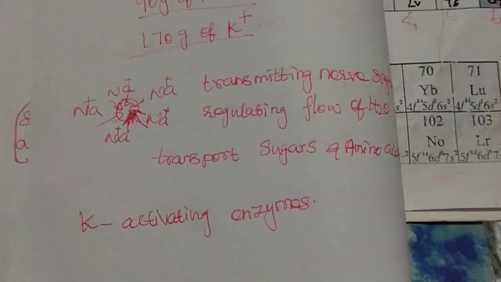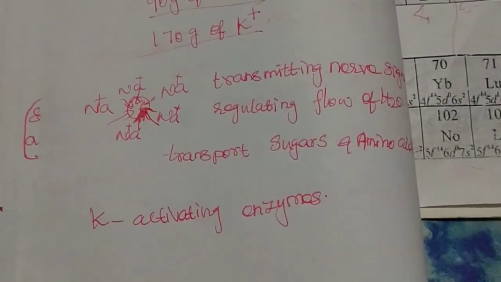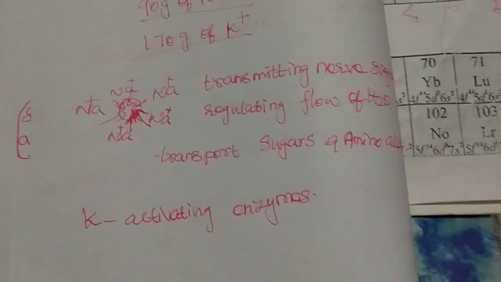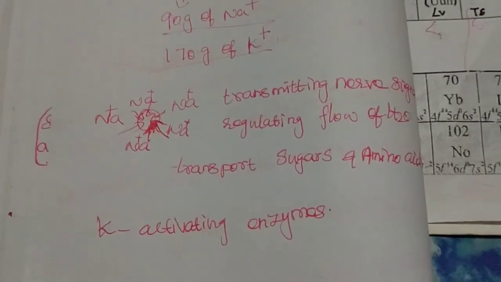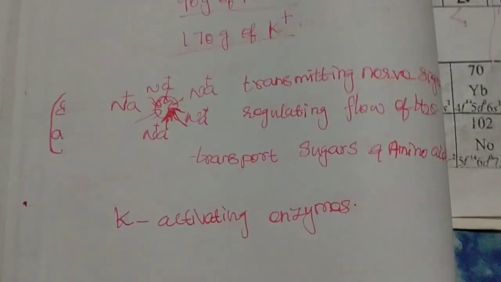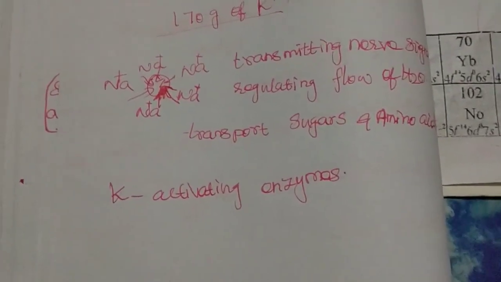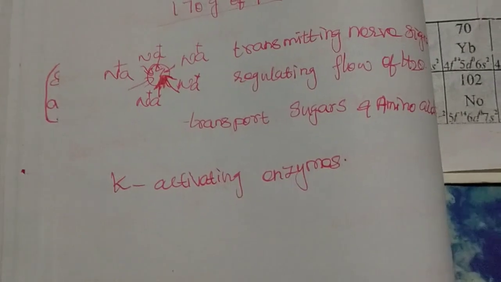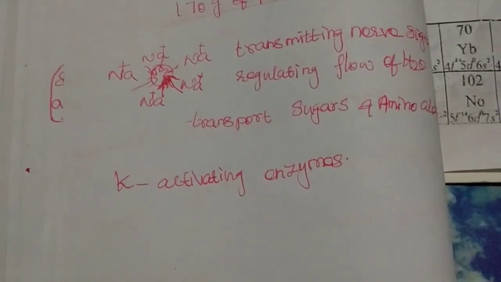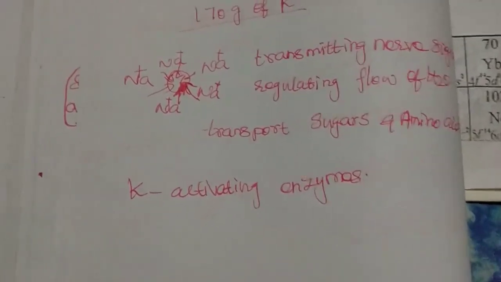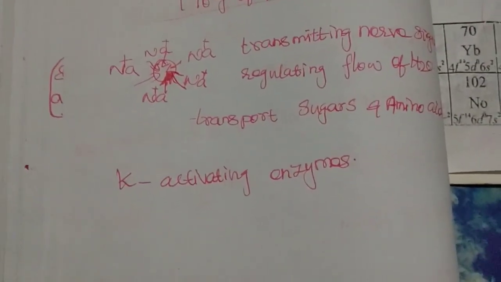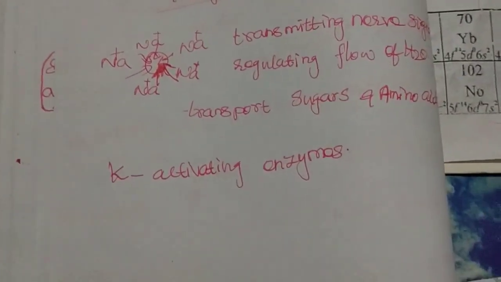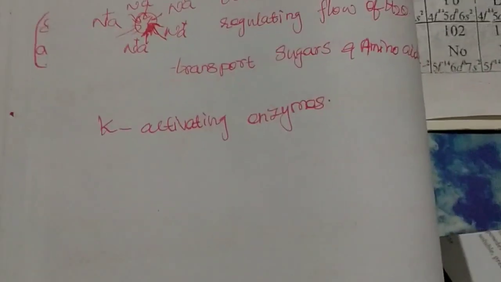Because of this efficiency of activating enzymes and penetrating the cell membrane, it becomes the most abundant cation within the cell fluid. They can activate many enzymes and participate in the oxidation of glucose to prepare ATP, adenosine triphosphate, with sodium.